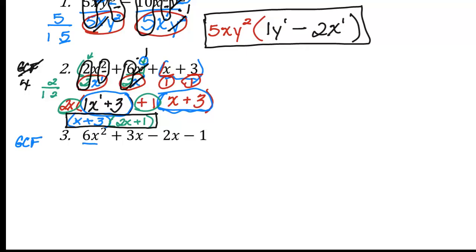So I've got 1, 3, 2, and 1. 1 is the smallest, and yes, 1 is divisible for all of them, but that is not large enough to factor out. And as I look, I don't have x's with all the terms, so I have no greatest common factor other than 1, which is not going to factor out and make a difference at this point.